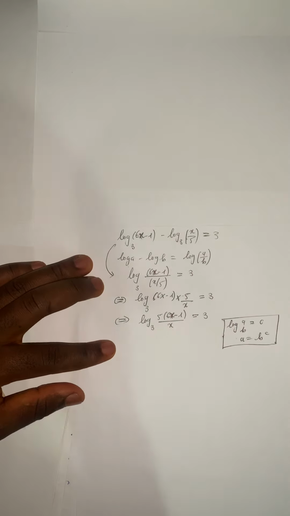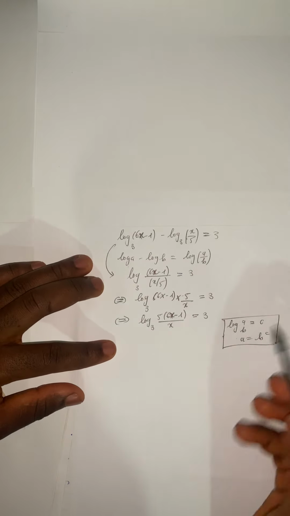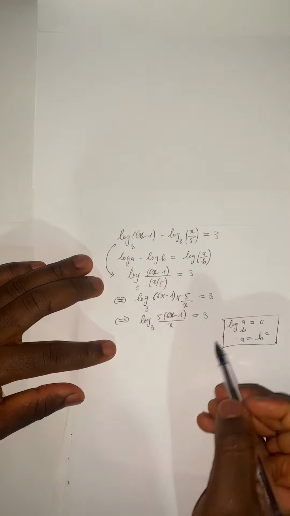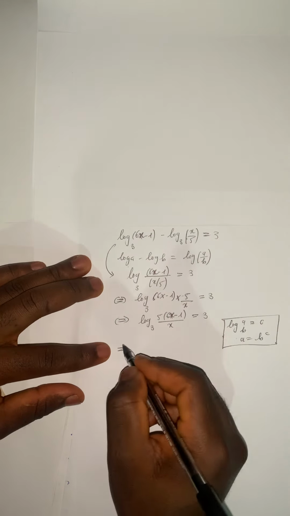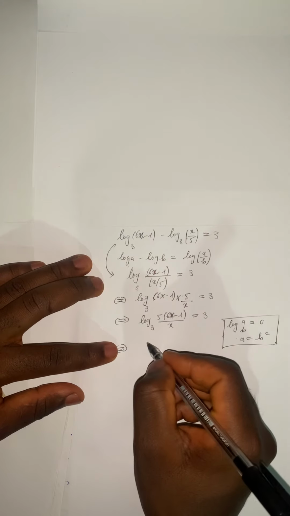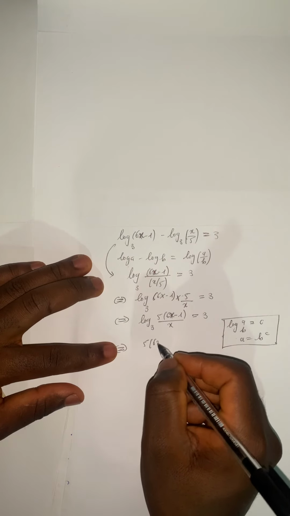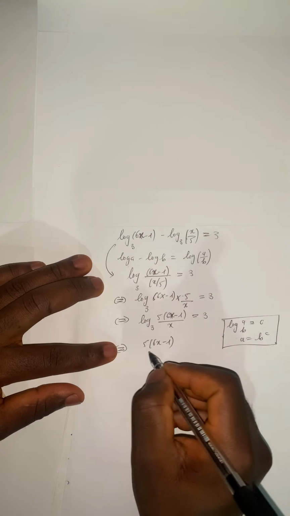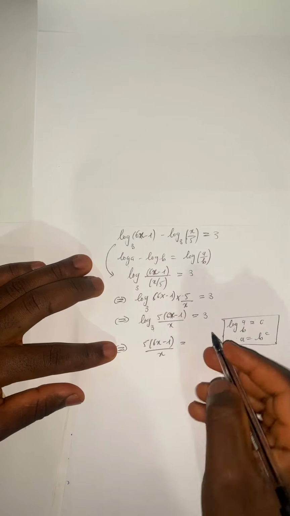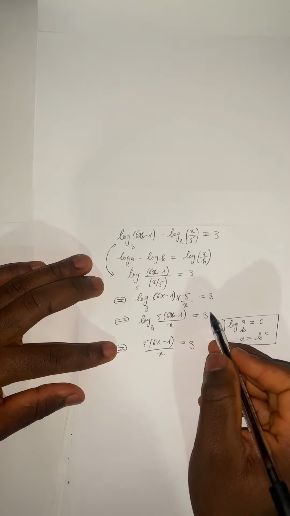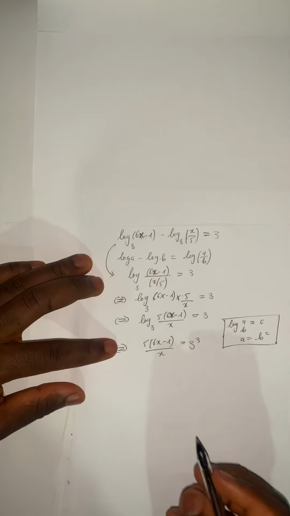You can keep this in mind. So in this case, this is our a, this is our b, and this is our c. So this is equivalent to 5 times (6x minus 1) over x to be equal to b, this is our b, 3 raised to the power 3.